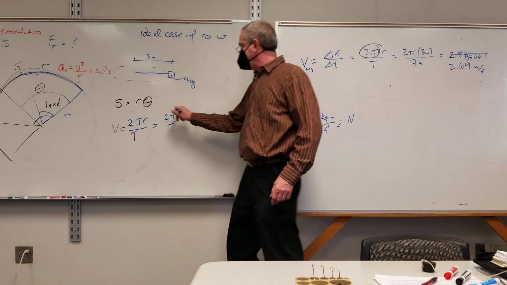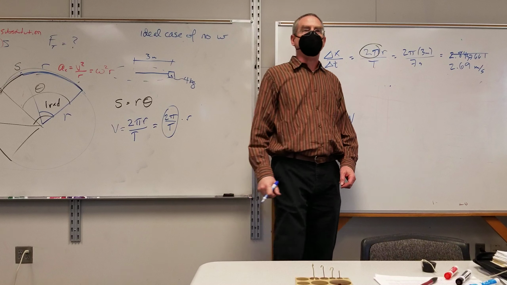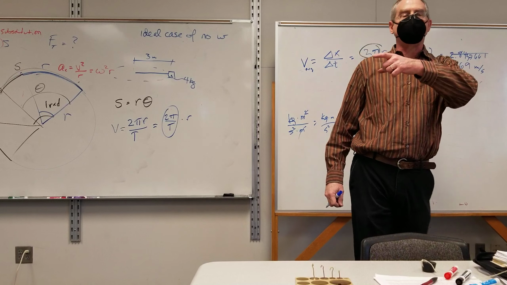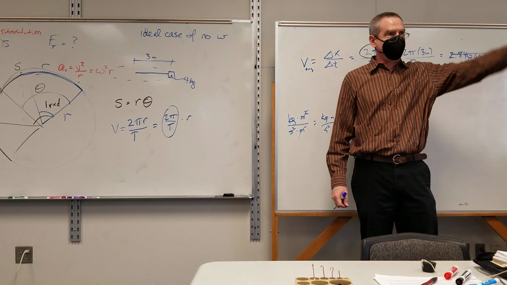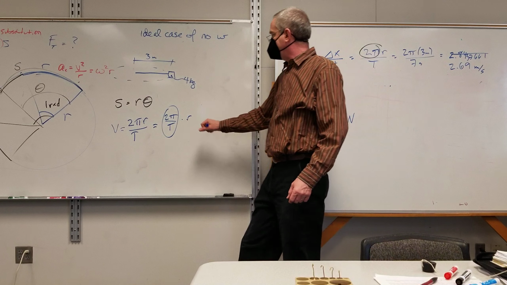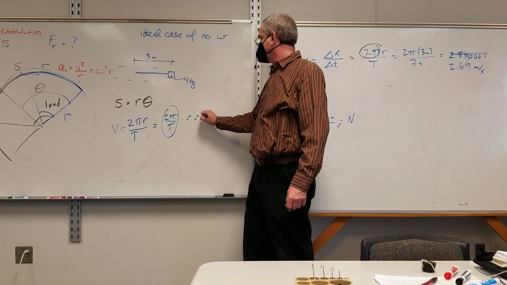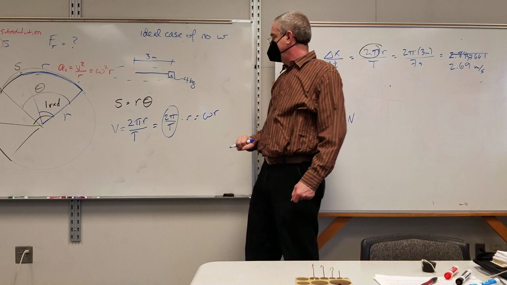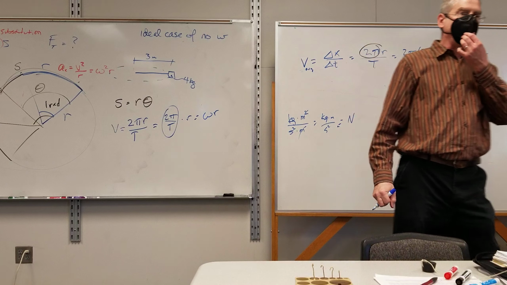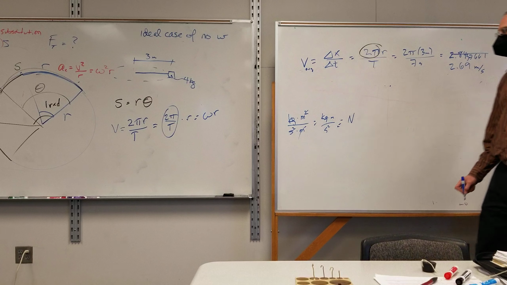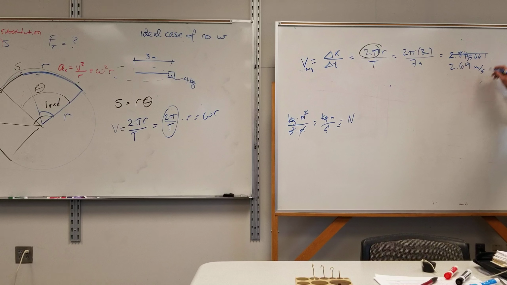And 2 pi over T, well, that's the angular speed, because if it goes around an entire circle, it's doing 2 pi radians. That's the angle that it goes through in the same amount of time. So that's omega r. And so we have a relationship here that we will use more than just today, that v is equal to omega r.